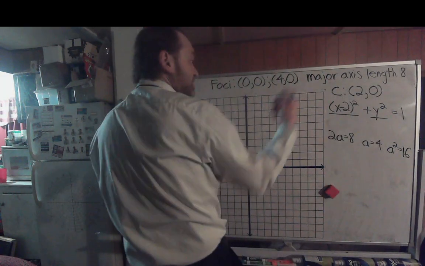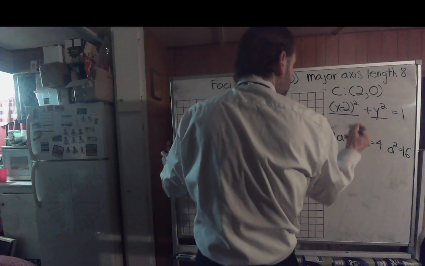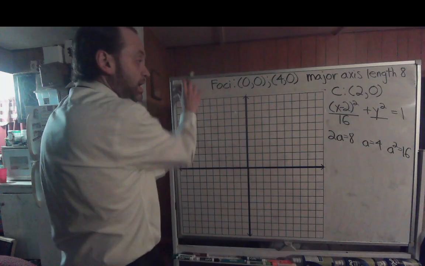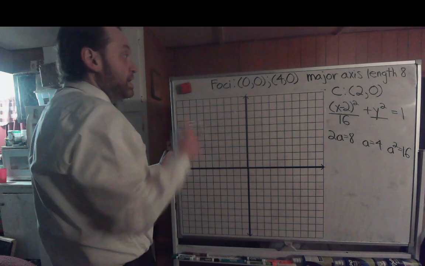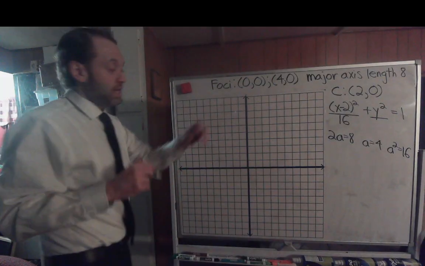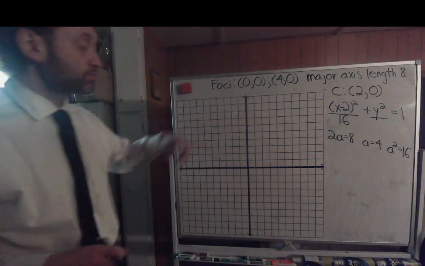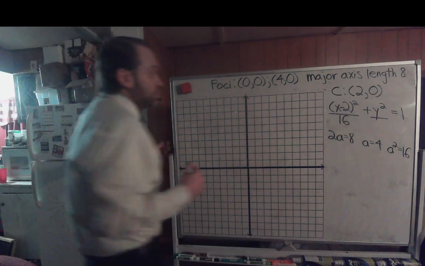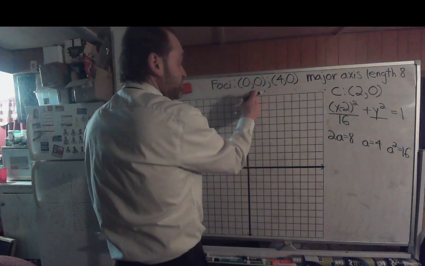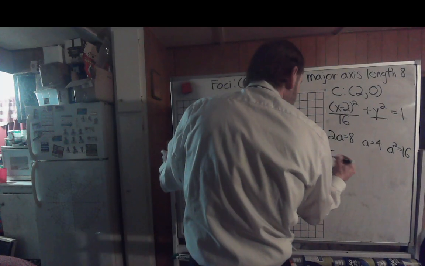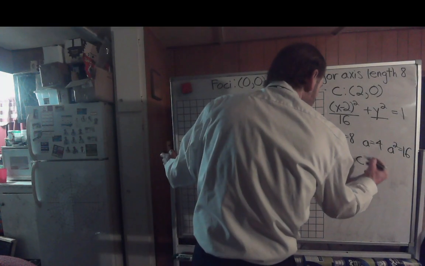So a squared equals 16, and since x is our major axis, that 16 goes under x minus 2 squared. Now, the center is between the foci, and it's a 2-unit change from the center in each direction. So c equals 2, which means c squared equals 4.